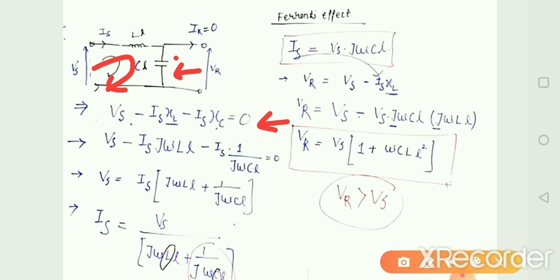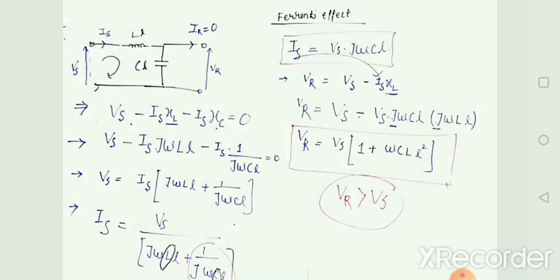We know that XL equals j omega L, and here small l is the length, because these parameters are distributed in the transmission line. It is not a lumped network, it is a distributed network, so we multiply with the element small l.